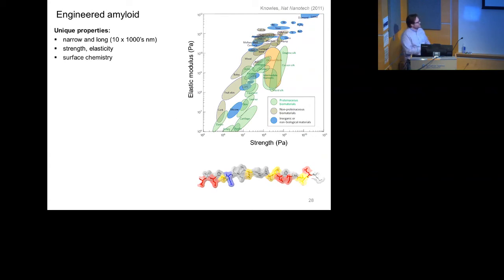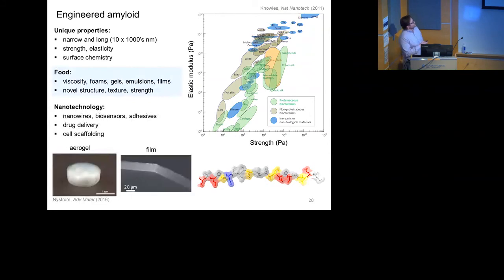It also has interesting surface chemistry. Compared to other nanofibril type polymers such as cellulose, proteins have 20 naturally occurring amino acids, and then maybe like 100 unnatural amino acids that we could use to get unique surface chemistries. So there's an interest in using these. Most of the research has been done in nanotechnology, but also in food, for the functionality that nanofibrils could provide.